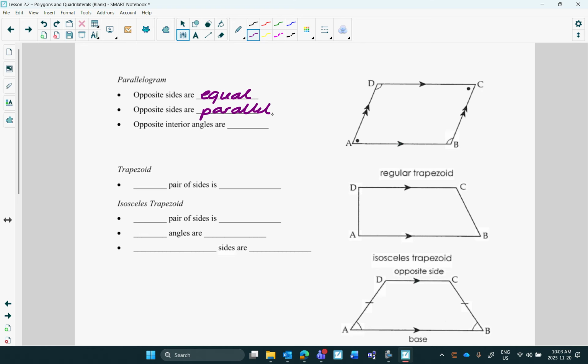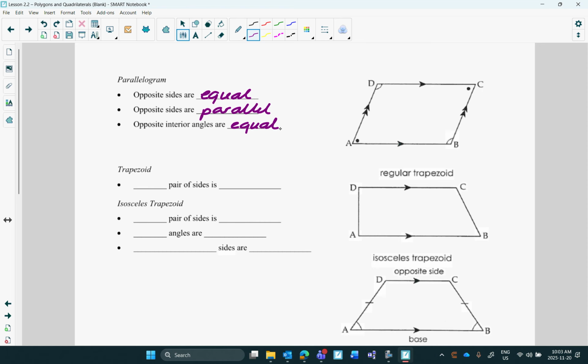What about the opposite angles? They're not all 90 degrees, but they're equal to each other. So you can see each of these shapes has slightly different properties. That's why we give them distinct names.